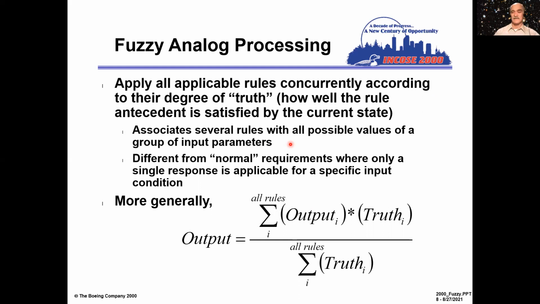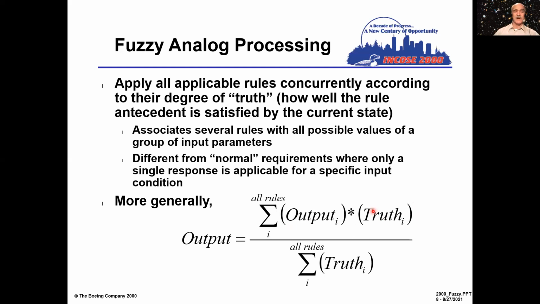In fuzzy processing, you process all the rules and then determine where the maximized output is. It's a sum over all the rules of what the output is times its truth value, or its degree of satisfaction based on the input state.